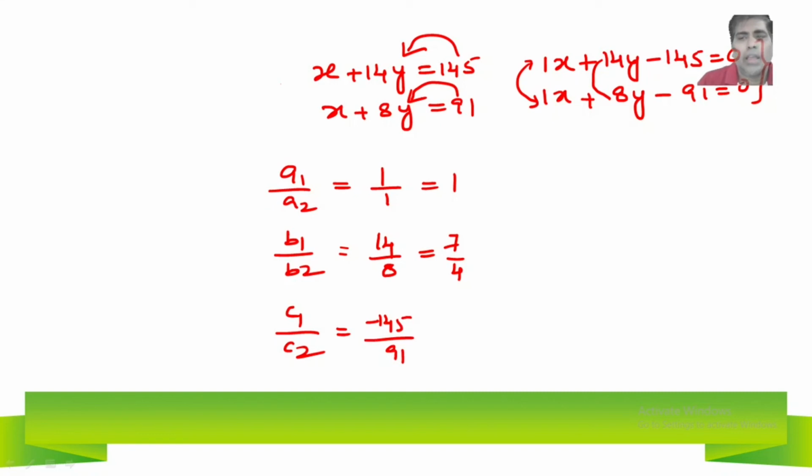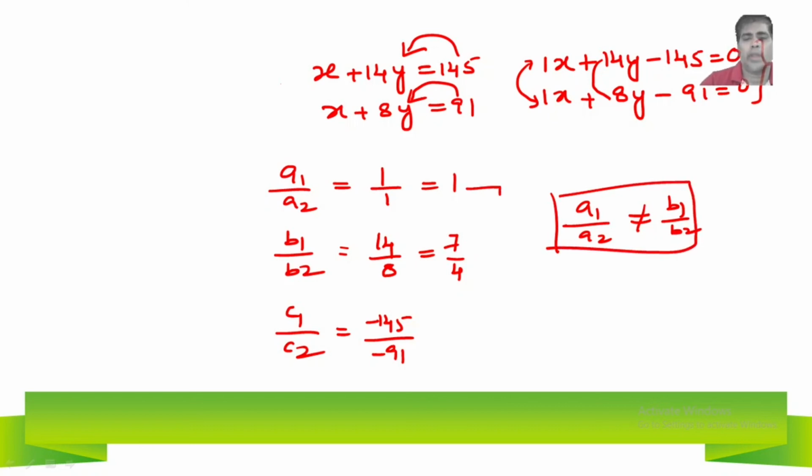Anyhow, a1 by a2 is not equal to b1 by b2. So this ratio and that ratio are unequal, so definitely these are intersecting lines. So we got the theory that these two are intersecting lines.